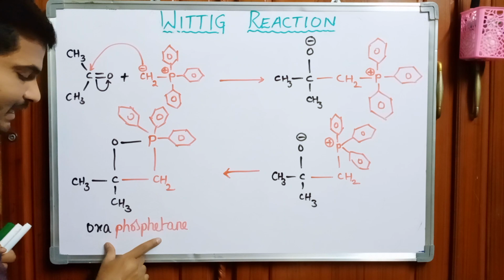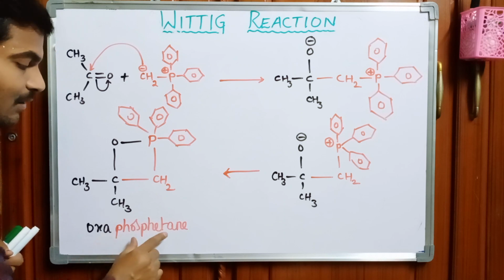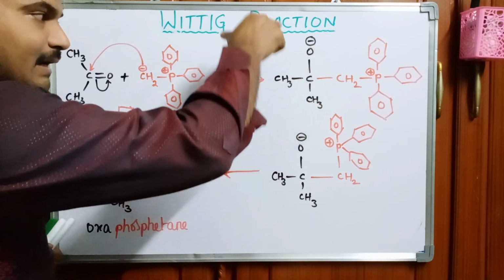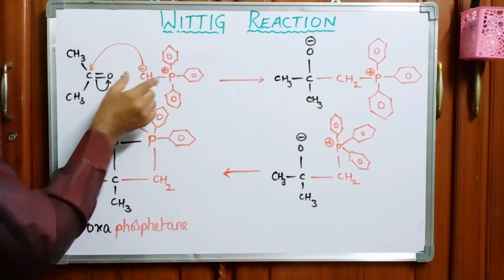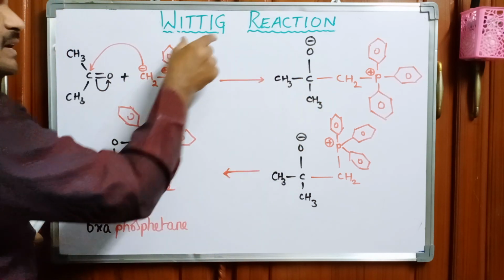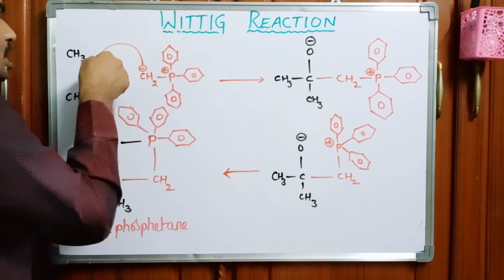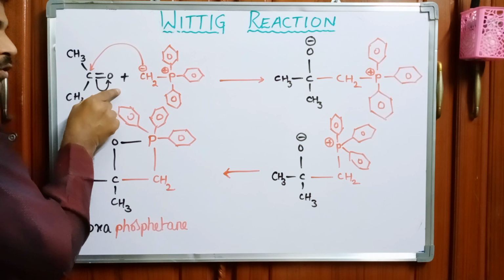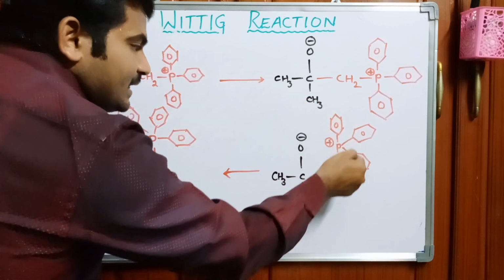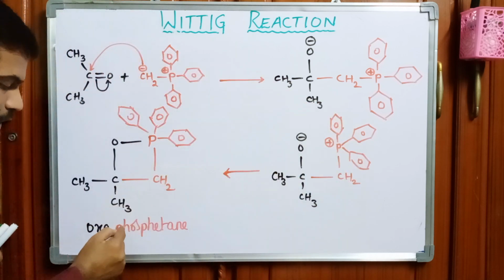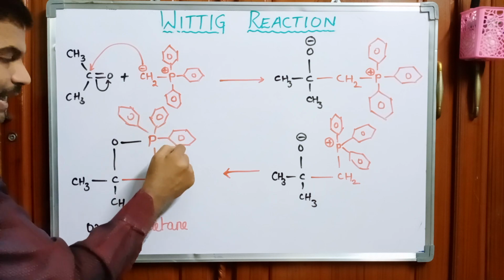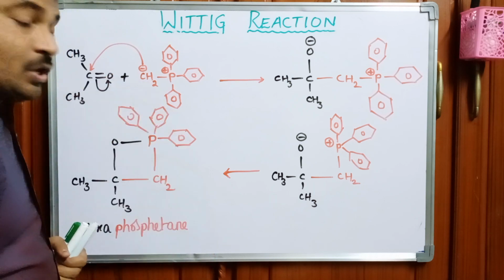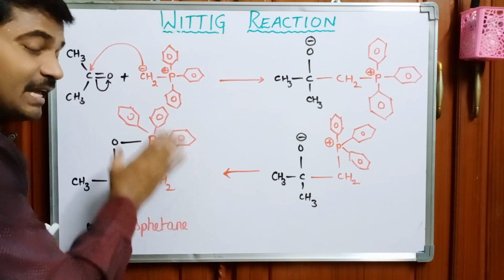What is the name of that intermediate? Oxaphosphetane. That is the heading. Under that, the description is: the nucleophilic Wittig reagent attacks the electrophilic carbon of the carbonyl compound to form a heterocyclic intermediate called triphenyl oxaphosphetane. This is highly unstable.